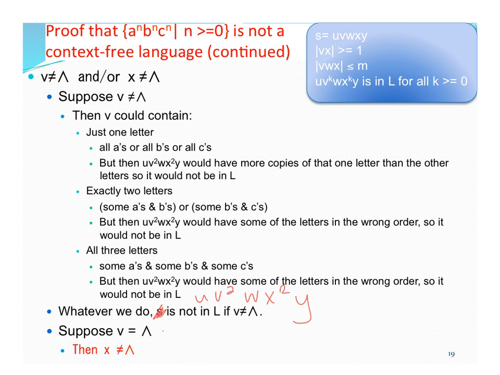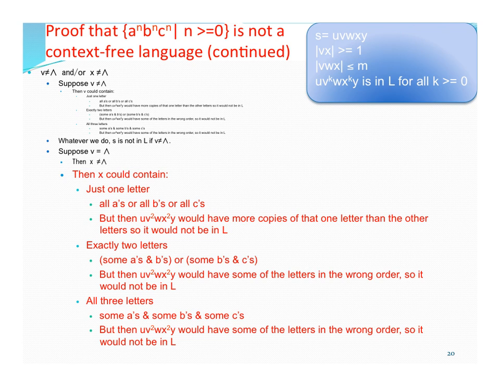So now let's just suppose that V is the same as lambda. And if V is lambda, then we know one thing for sure, which is X can't be lambda, right? They both can't be lambda because the length of the concatenation of the two is greater than or equal to 1. So let's keep going, and I just shrunk this down so you can see what I'm doing.